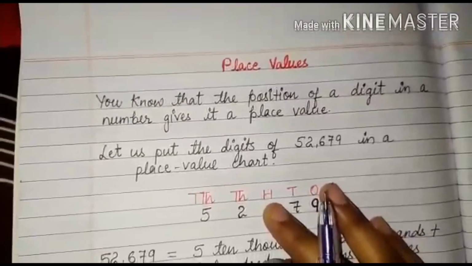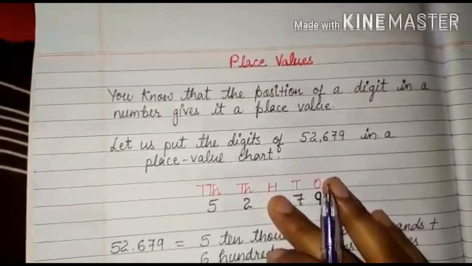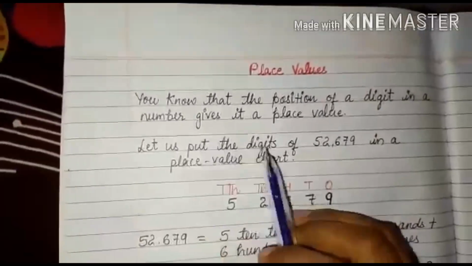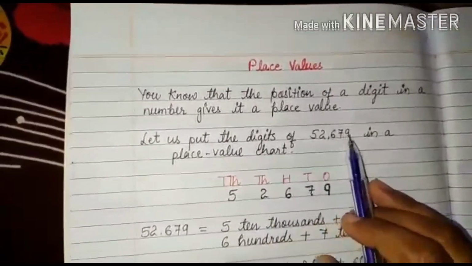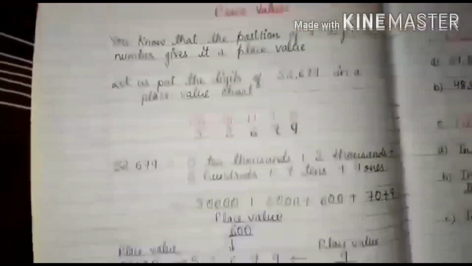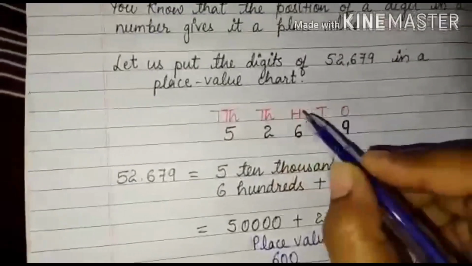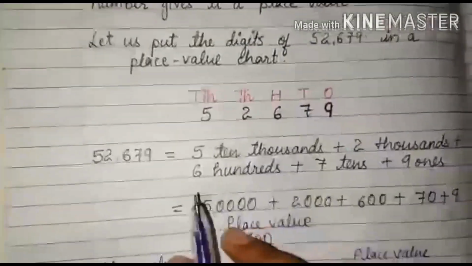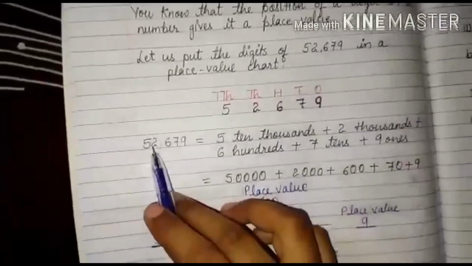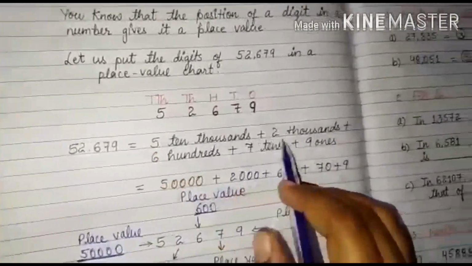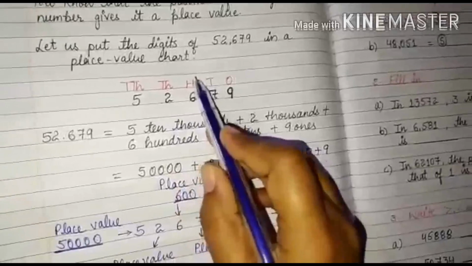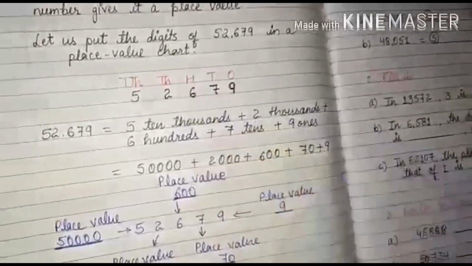Place values. You know that the position of a digit in a number gives it a place value. Let us put the digits of 52,679 in a place value chart. So I have just written ones, tens, 100, 1,000, 10,000 along with the digits. So how should I write it? 5 10,000s plus 2 1,000s plus 6 100s, 7 tens plus 9 ones.